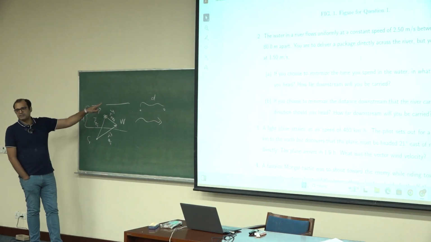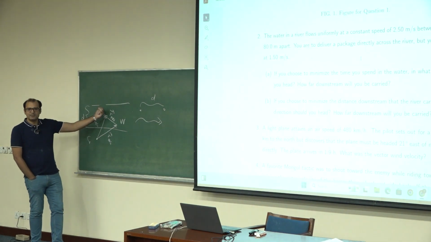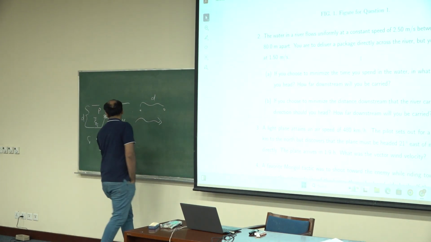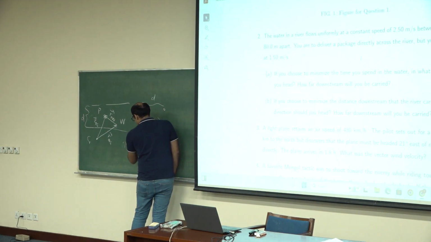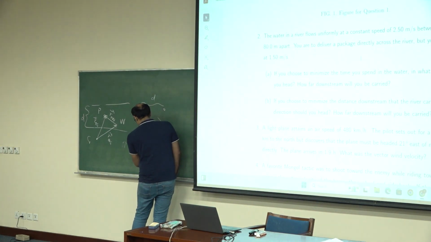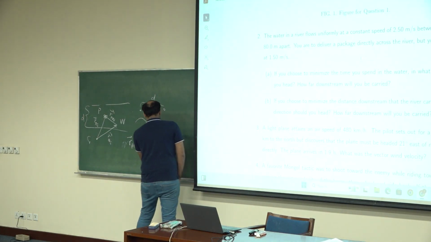You have a relationship between them, which is this arrow equals this arrow plus this arrow, aka r_PG, the position vector of the person with respect to ground, is equal to the position vector of the water with respect to ground plus the position vector of the person with respect to water.